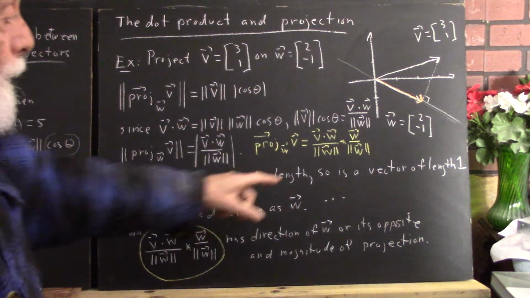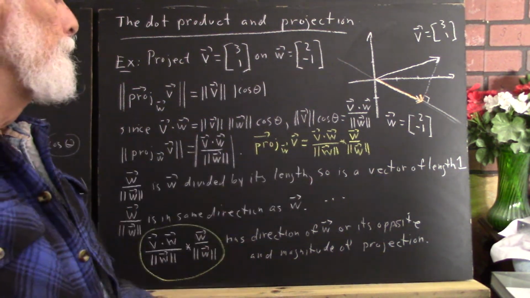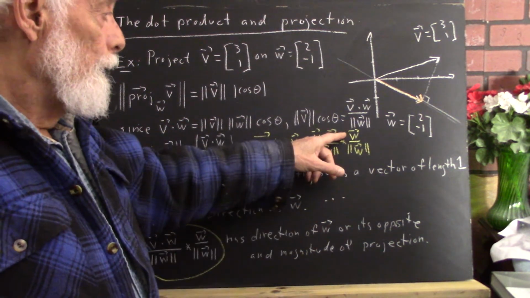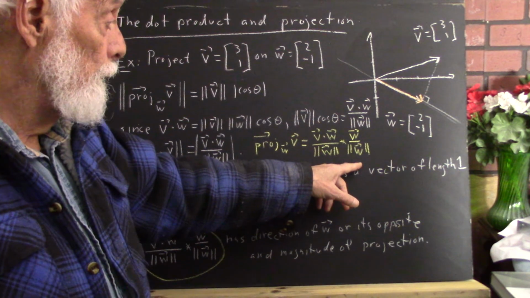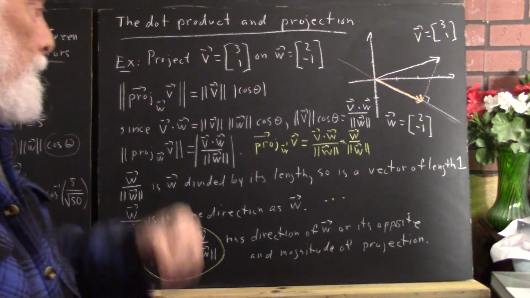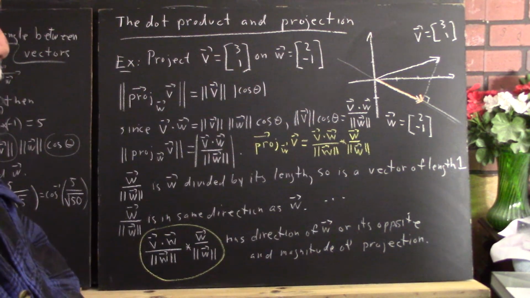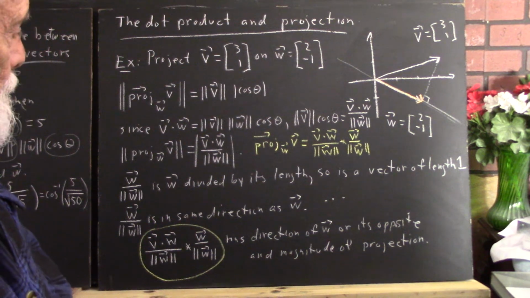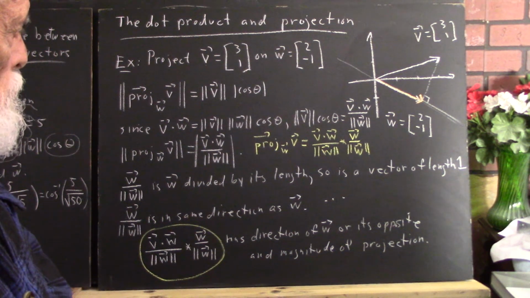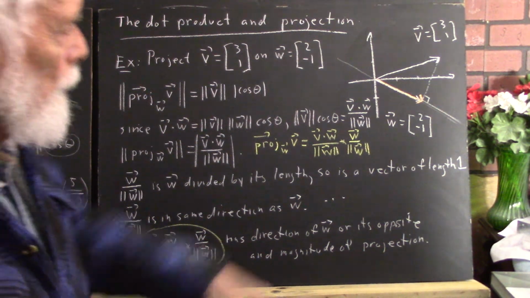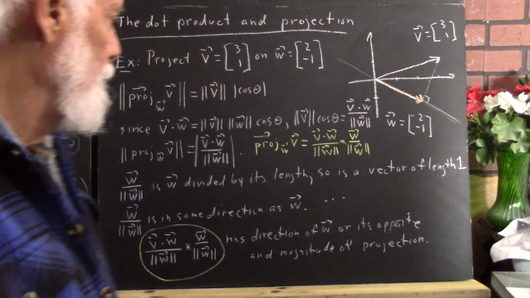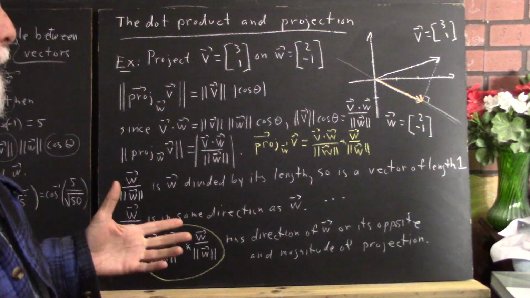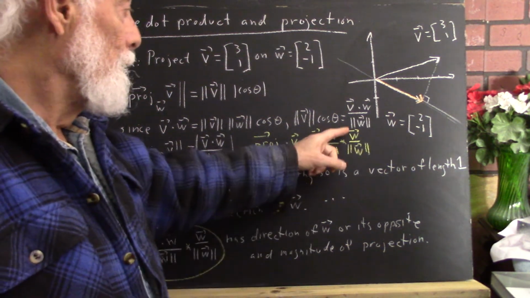W is the vector 2, negative 1. Magnitude of W is the square root of 5. So how about that? No wonder I had trouble figuring out whether this projection was here or here. The projection is just the vector W.